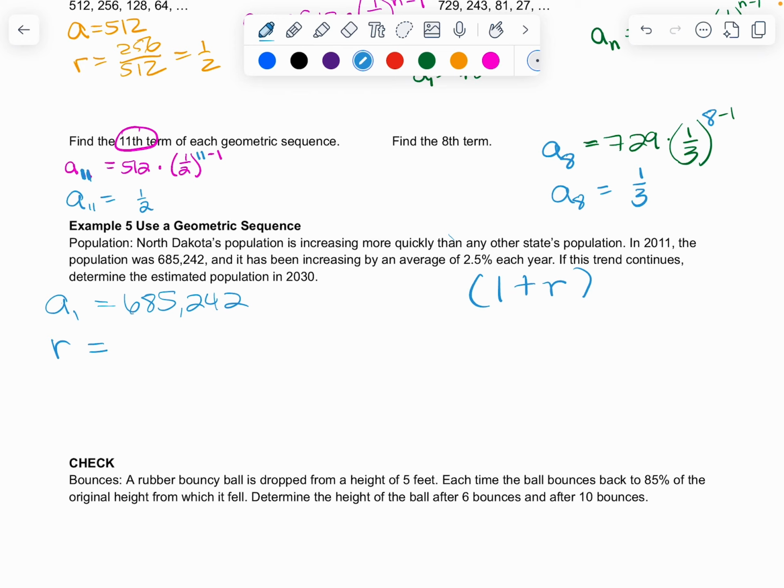Okay, I want the total population, not just what that factor is. Sorry, my brain had stopped for a second. So a sub n would be 685,242 times 1.025 raised to the n minus 1.